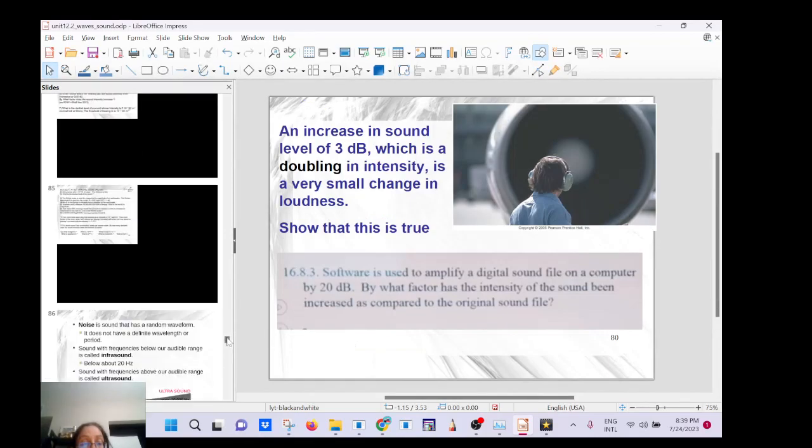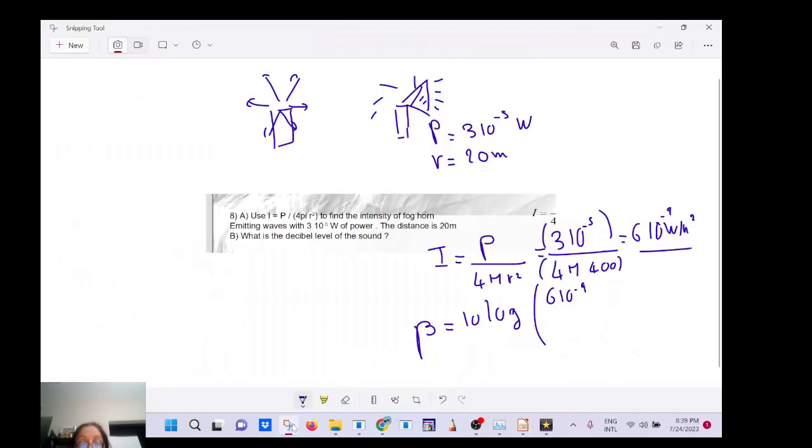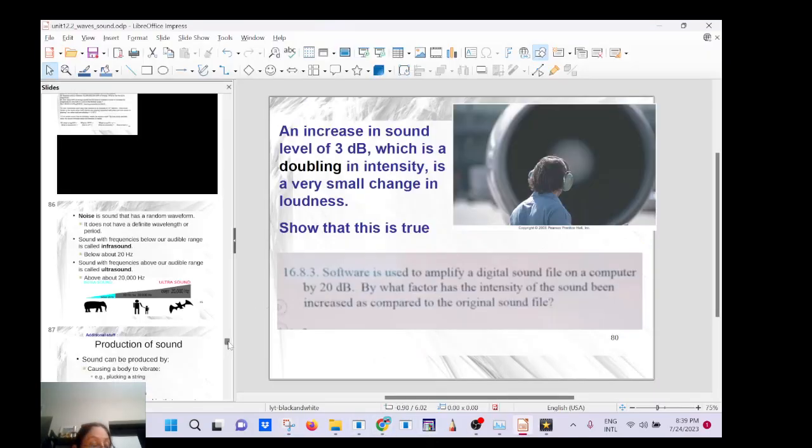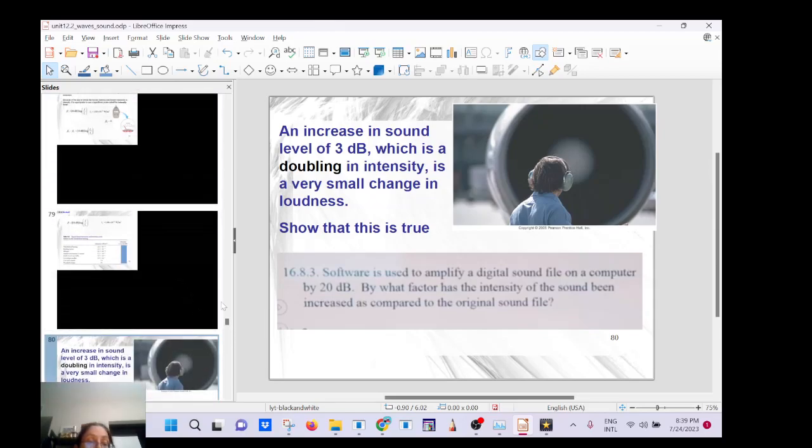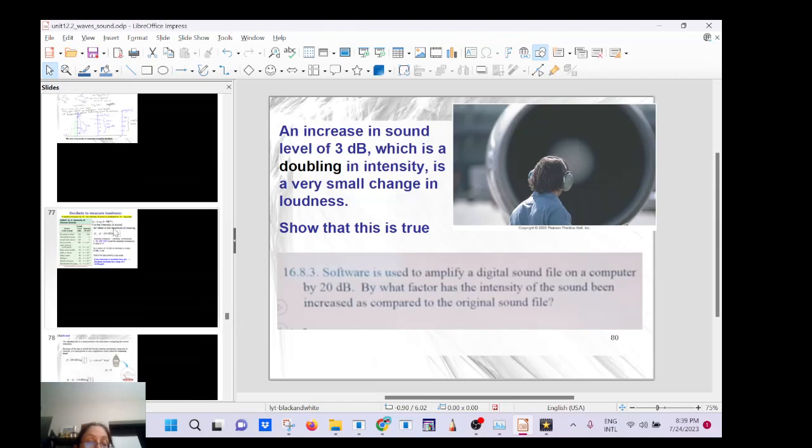That's why you always have a 10 to the negative 12. So that's going to be 10 to the negative 12. And you get, if I did it right, 38 dB, so about 40 dB. You have to check if it's correct. I'm not sure. 40 dB.